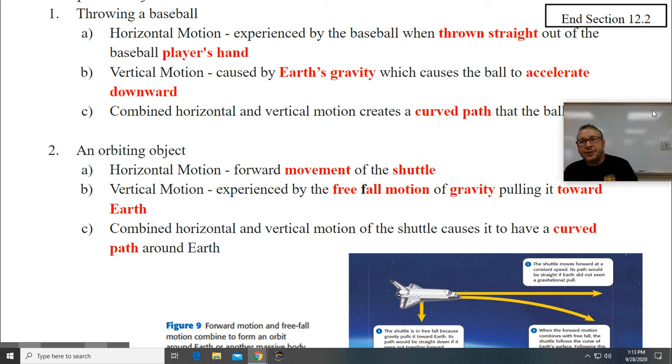But because of these two combined motions, the forward or horizontal and the vertical, we end up getting a curved path. That curved path allows the orbiting object to continue to go around the Earth. Now, if that orbiting object slows down to a certain speed or velocity, then it will not be able to overcome the vertical component, and that's when we're going to see the orbiting object start to re-enter Earth's atmosphere.